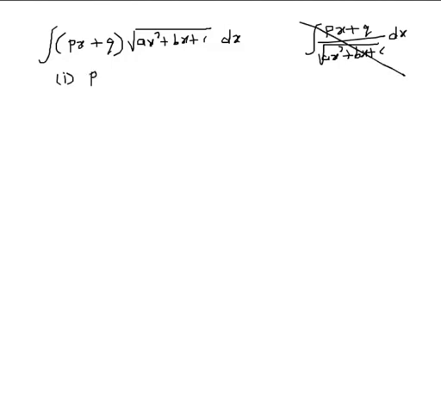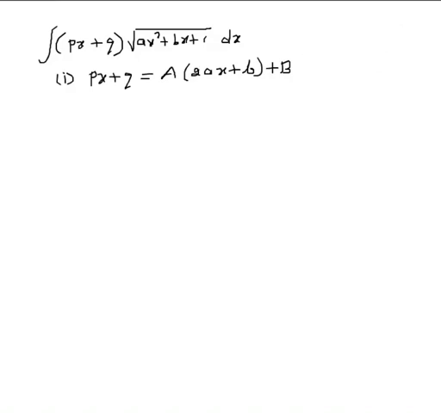So the first step is, we write that linear term px plus q as a into differential of that quadratic term. Differential of only that quadratic term without the root. Differential of this, which is 2ax plus b and plus b. We will find the values of a and b by equating the coefficients or by substituting the values for x. And then the second step is, split this into two integrals.